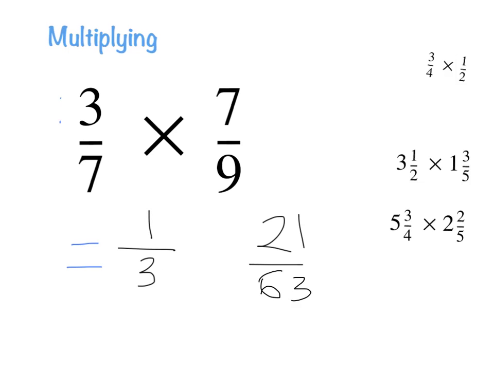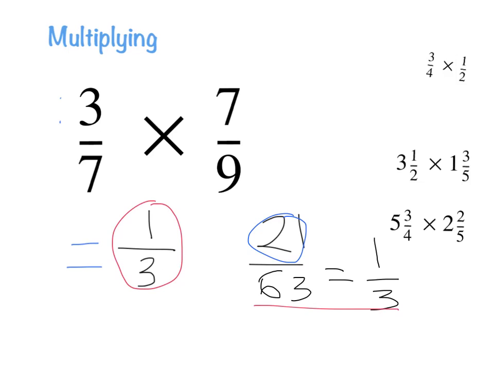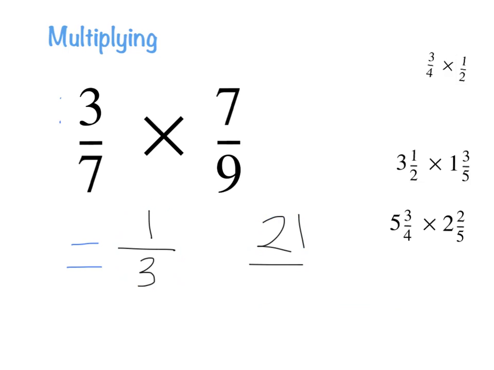Then I would have had 21 on 63, and I'd say, oh gosh, what's the highest common factor of 21 and 63? And after a while, I would have worked out that it was 21. 21 goes into 21 once and goes into 63 3 times. Okay? So technically, I could have done that without simplifying, but see how much easier that answer was to come to. So that's multiplying, but simplifying on the fly as we do it.